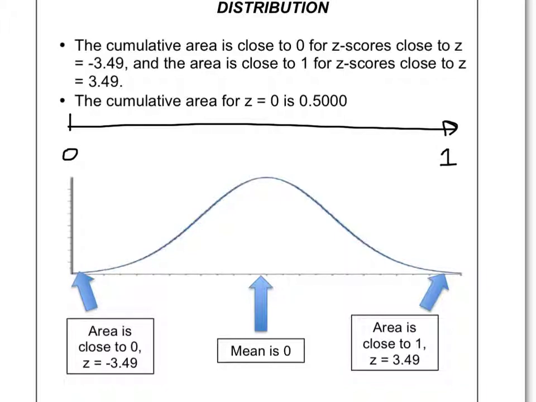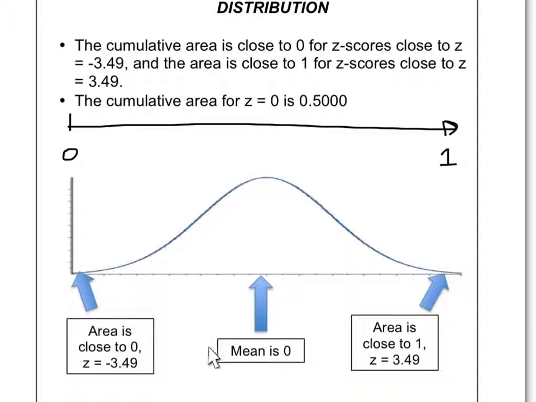Everything else is in between. The area of 0 corresponds to a z-score of -3.49. The area of 1, which would cover the whole curve, has a z-score of 3.49. So your z-scores are going to be between -3.49 and +3.49.